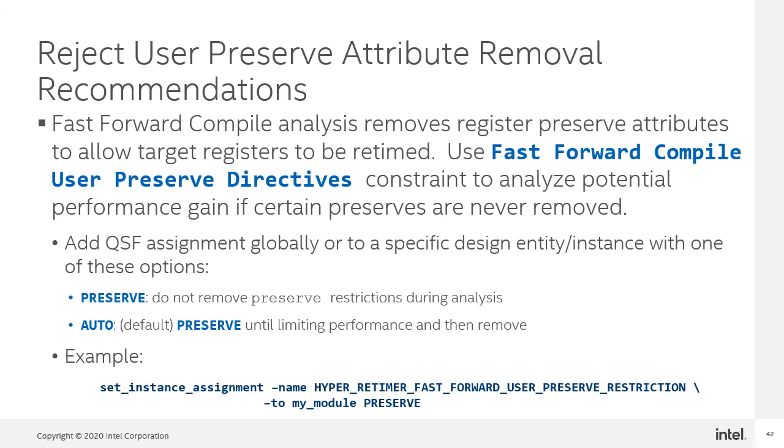Like the asynchronous clear fast-forward constraint, this one can be applied globally or to a specific module. The options for settings are also Preserve and Auto. Auto is again the default, which leaves user preserves intact until they are determined to be limiting performance, after which they will be removed. Preserve is the one you use to leave all of the registers with preserved attributes untouched.